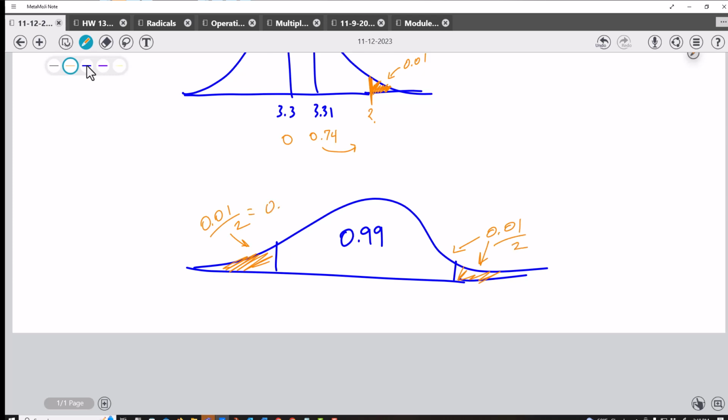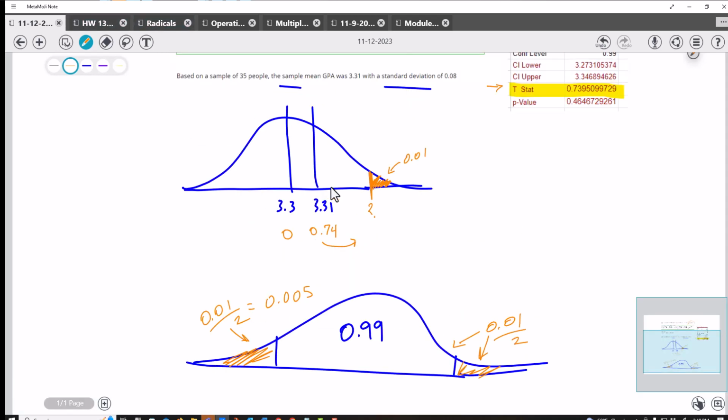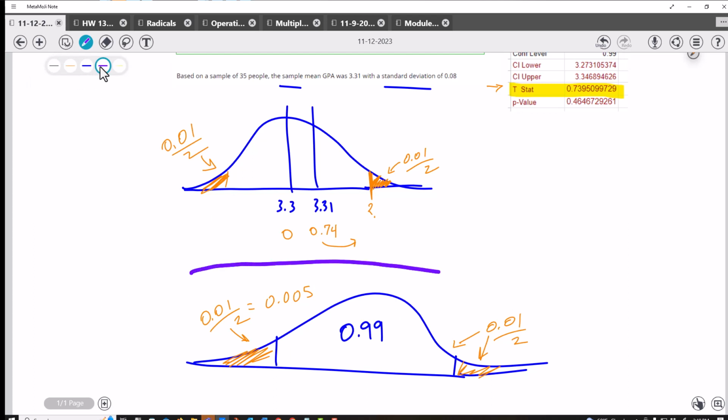And this is important because you're going to wonder, where did she get this next value? All right, so in my case, this example up here, these need to be divided by 2. And the reason is because this is a two-tailed test. So what I actually have to look up or use in my formula is up to that critical value.